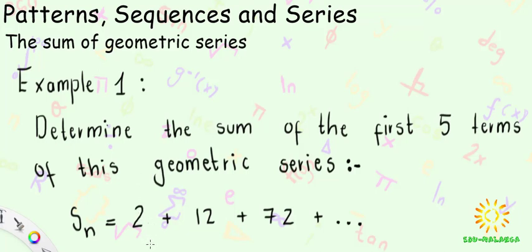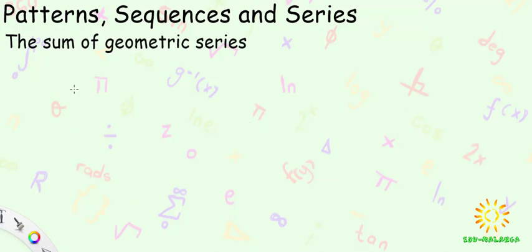What we will do first is to remind ourselves of the 2 formulas that we came up with in the previous video for summing n terms of a geometric series. The formulas look like this.